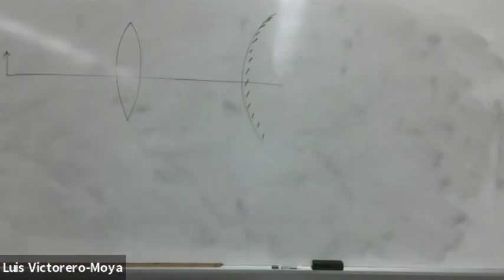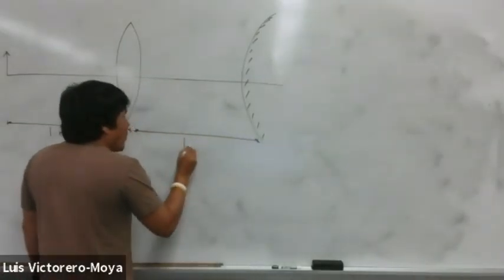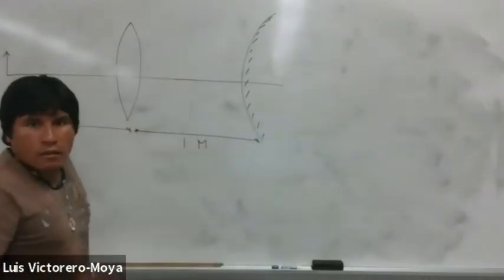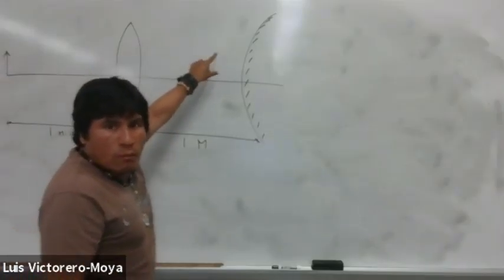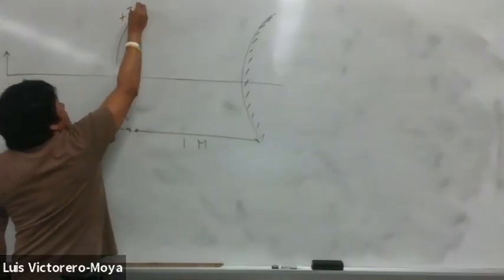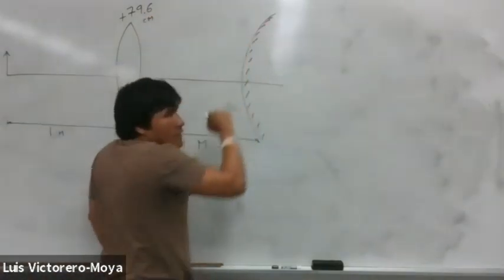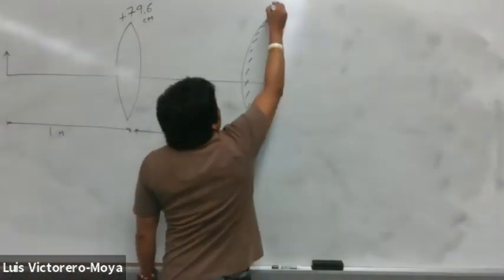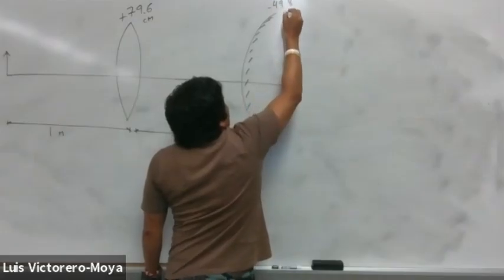So this is 1 meter, 1 meter. The focal lengths are 79.6 and minus 49.8. So this is plus 79.6 centimeters. And this one has a focal length of minus 49.8.